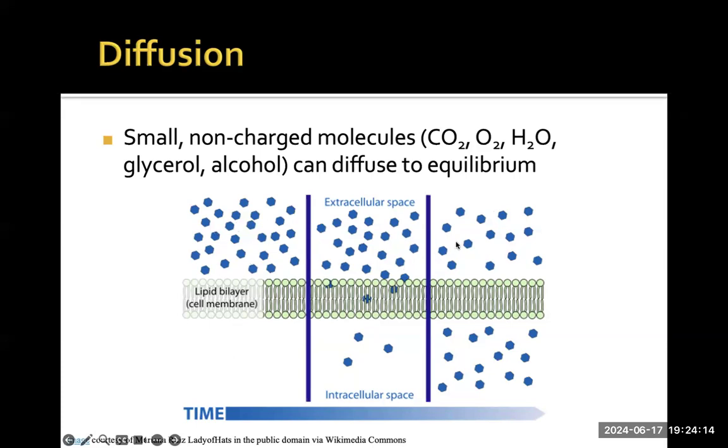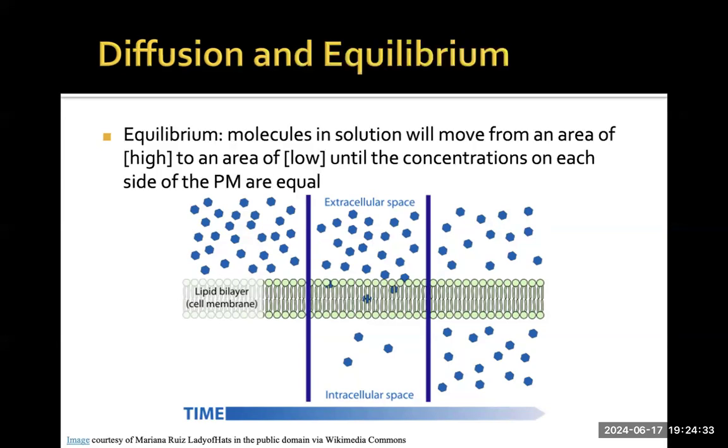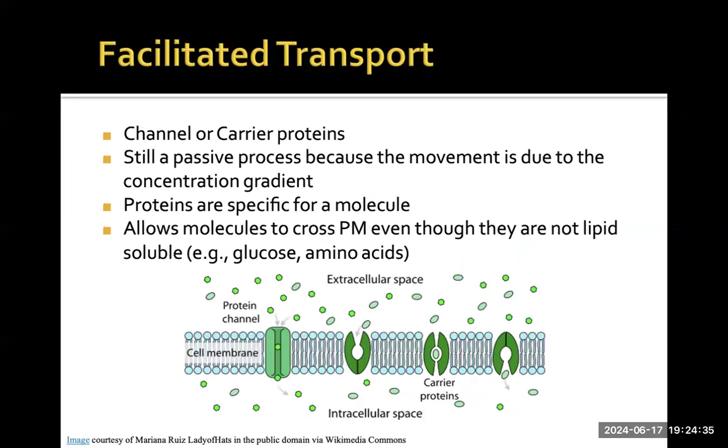Then over a longer period of time, you're going to meet what we call equilibrium, meaning you have the same amount of molecule on the top as you do the bottom, or the same amount of water on the outside as on the inside. That's an equilibrium. That's when diffusion stops. Facilitated transportation is very, very similar. It's still passive because you're just moving down the concentration gradient, but you just need those channels. It's going to do the same thing in regards to diffusion over time. It's going to try to hit an equilibrium.